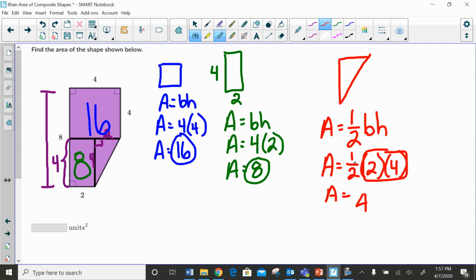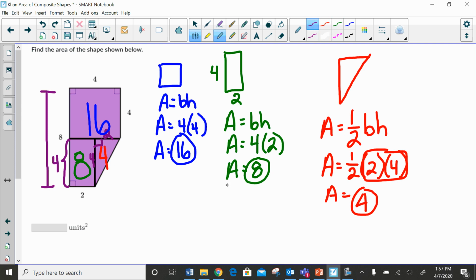What if I did half of 2? What's half of 2? That's 1. And 1 times 4 is 4. Last but not least, I could have taken half of 4, which is 2, and 2 times 2 would be 4. So our triangle is 4 units squared.